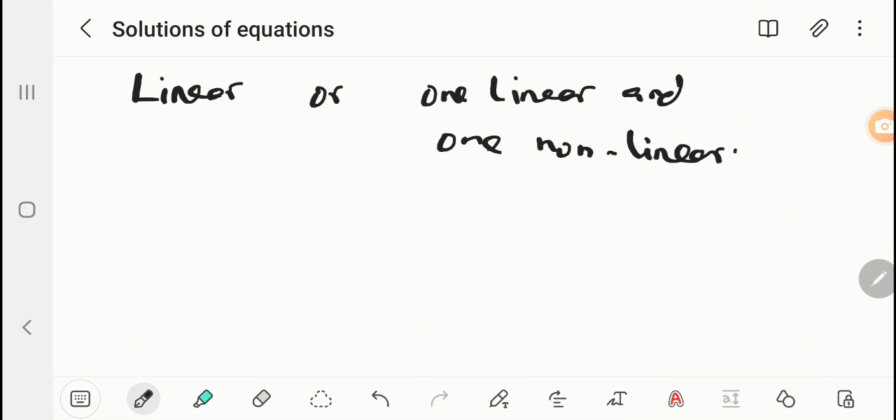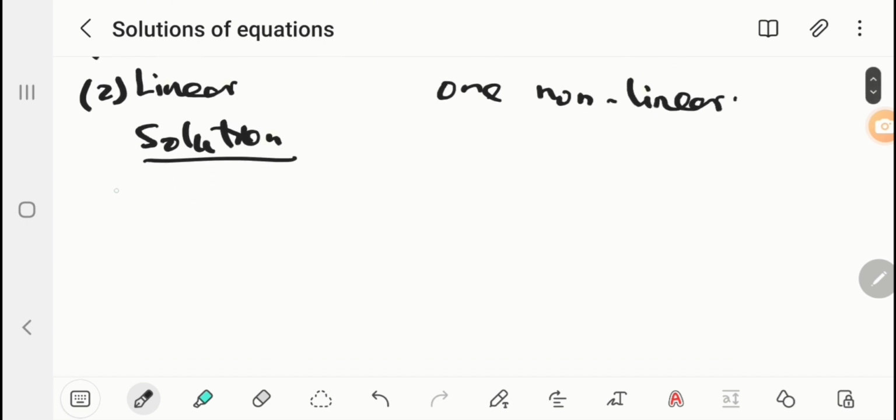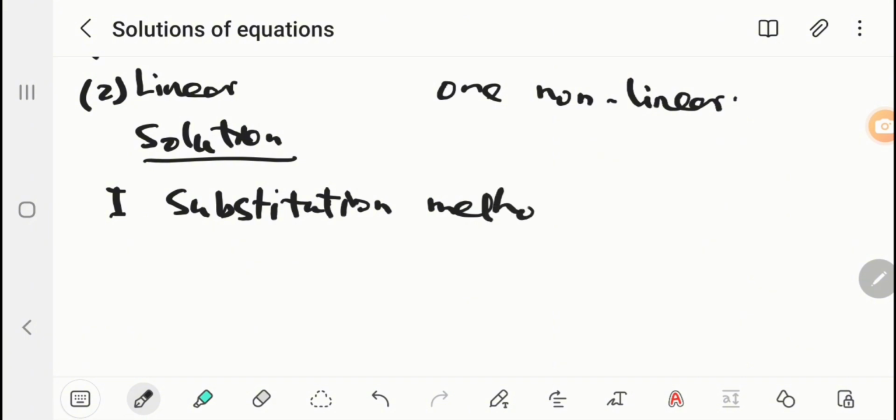Now, if both the equations are linear, then the solution will be found either by the substitution method or by elimination.